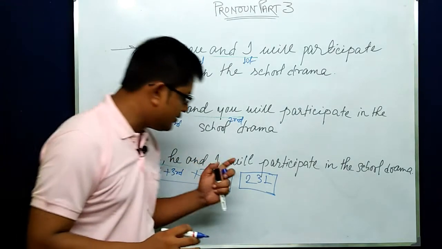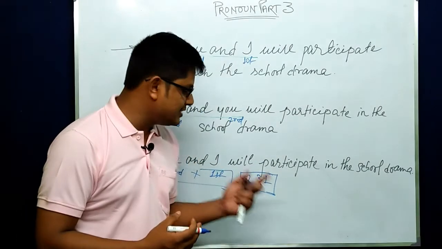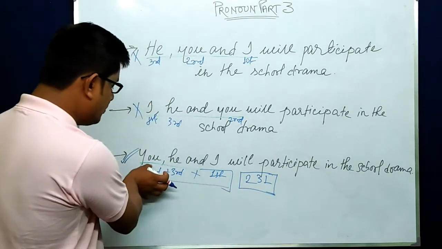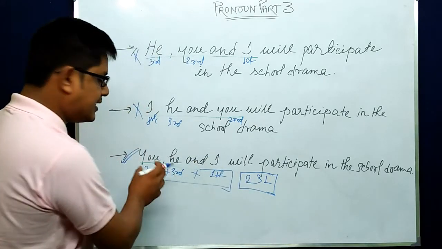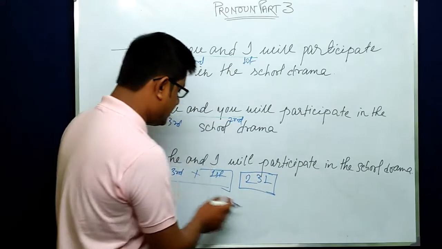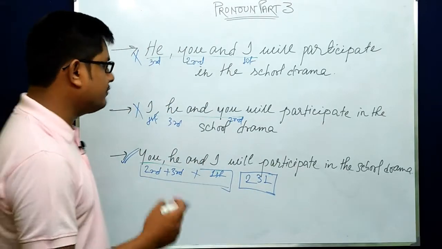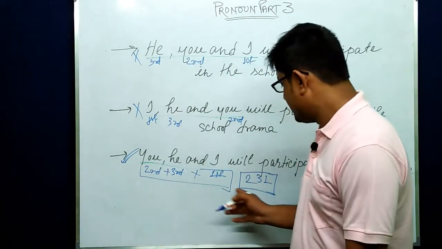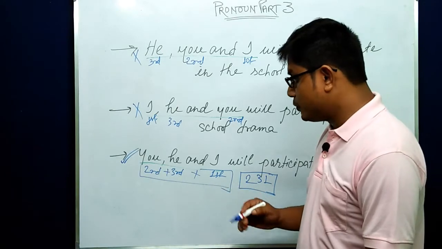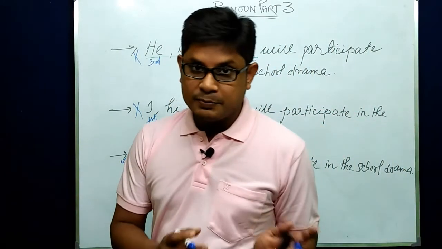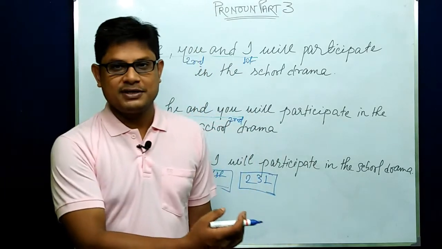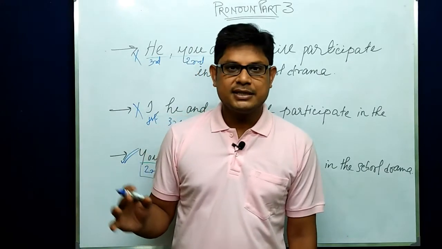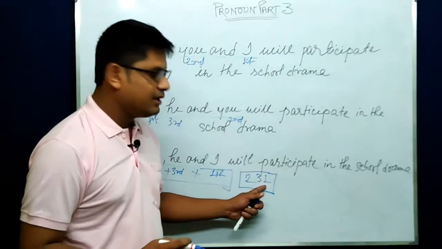This is the order of pronouns, and it is very easy to remember. 2 means the second person, that is you, then the third person, that is he or she, and the first person, that is I. So whenever you make any kind of positive sentence, you have to remember this order. If there is no second person and only the third person and the first person, then use the third person first, followed by the first person. So in a positive sentence, the first person always comes last.